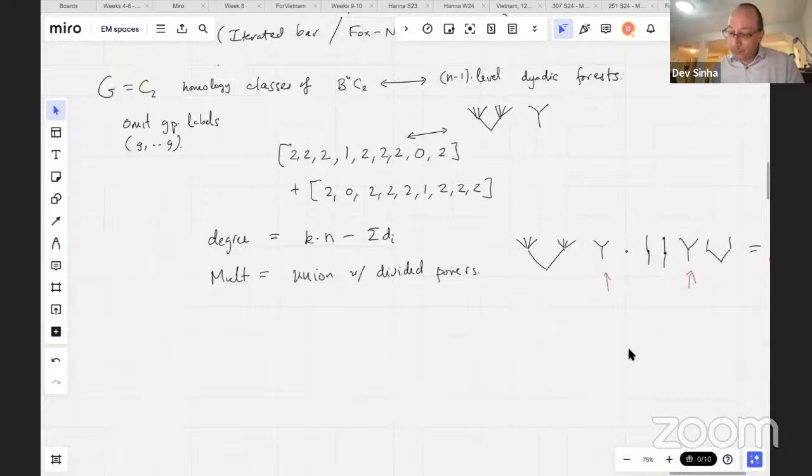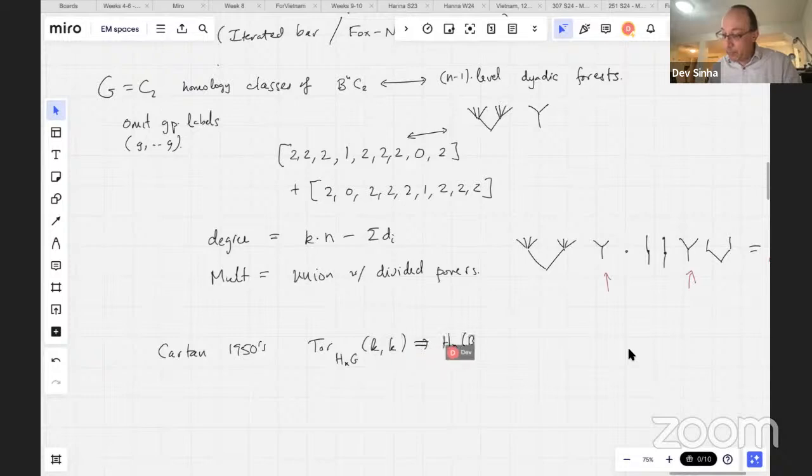So anyways, Cartan in the 1950s, you use the fact that you're really looking at a spectral sequence with Tor over the homology of G, k, k, converging to the homology of BG.